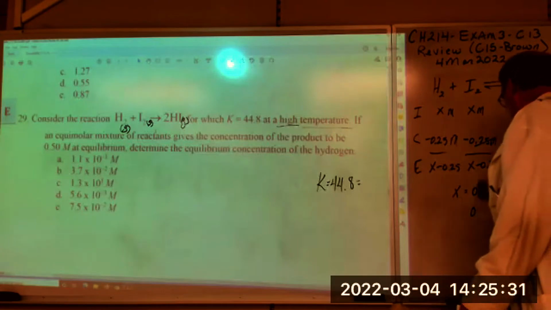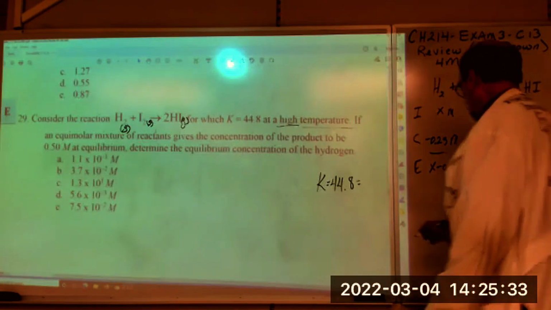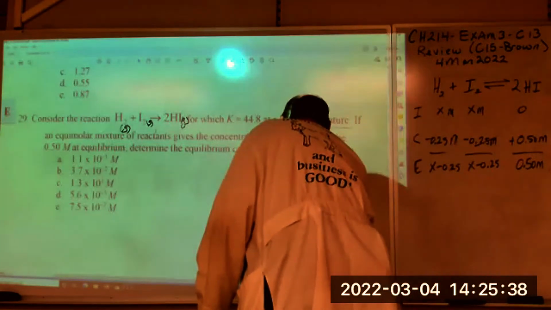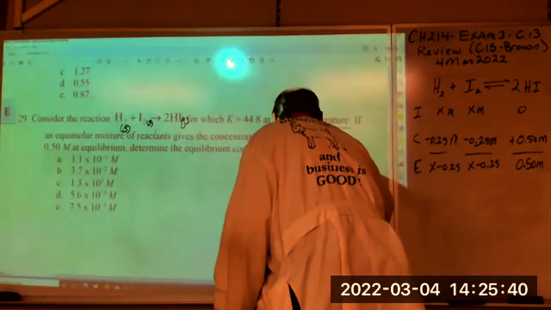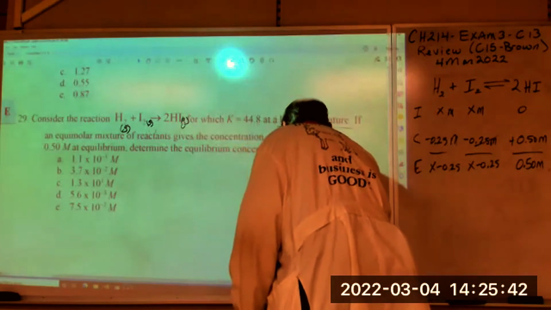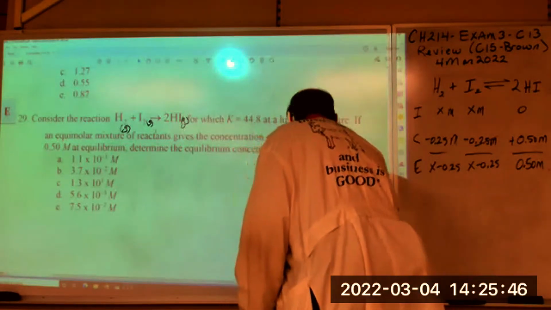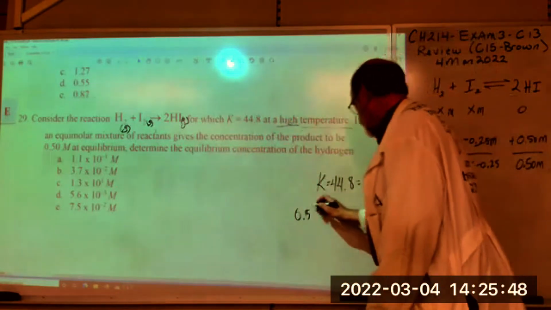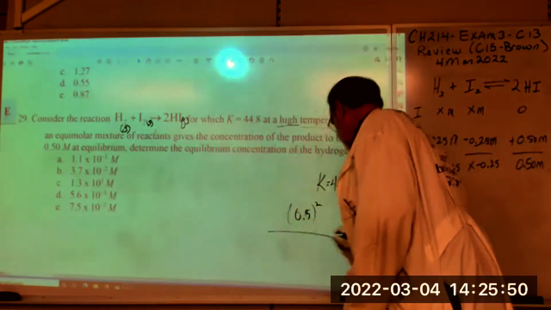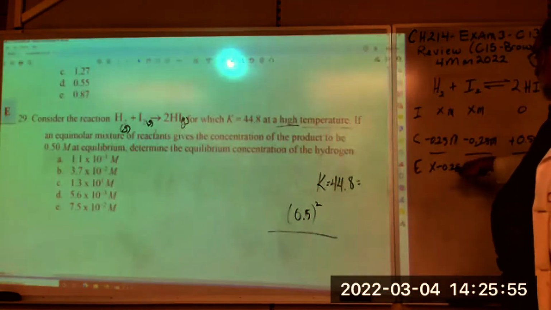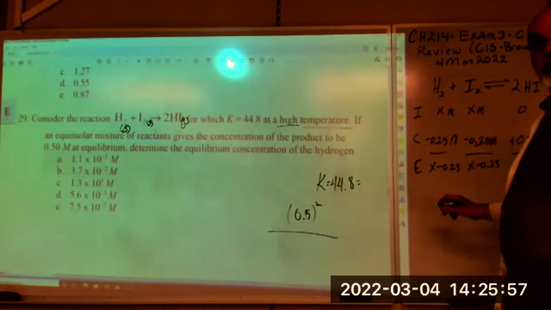And now, the equilibrium expression is 0.5 squared divided by X minus 0.25 times X minus 0.25, so it's squared.